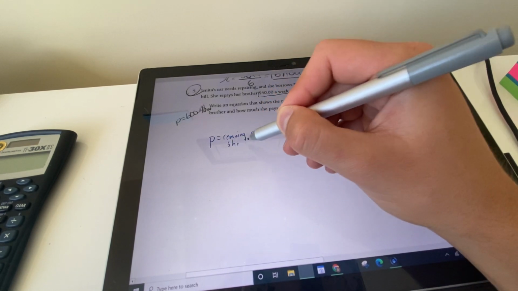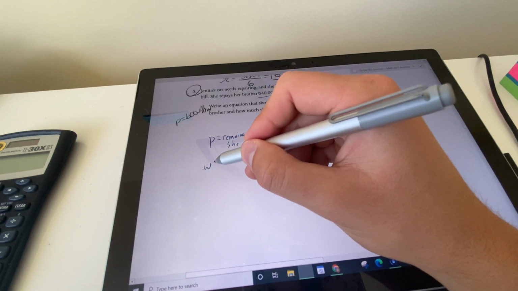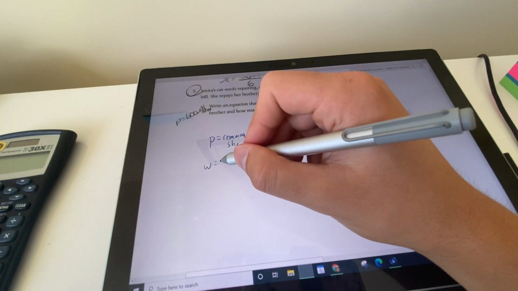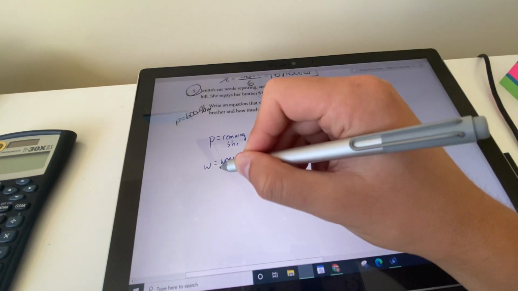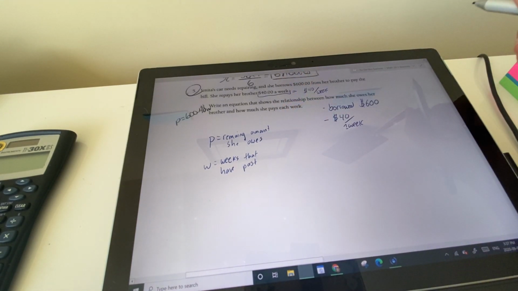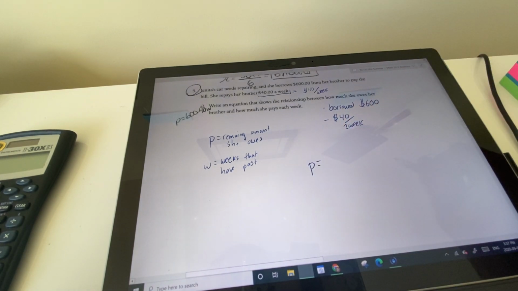W represents the number of weeks that have passed.